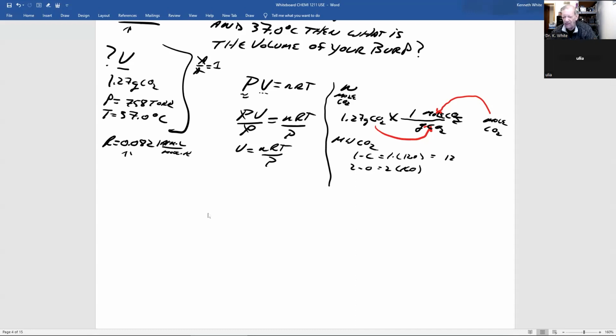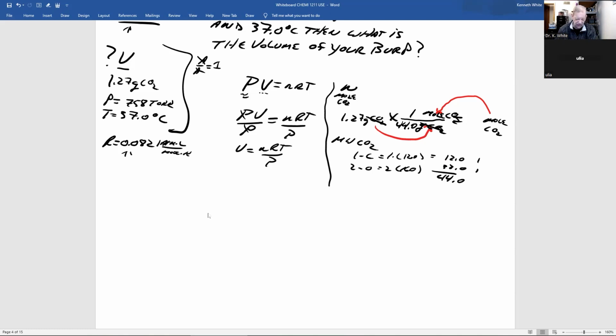And that's 12.0, 32.0, and we get 44.0. Since both of these have 1 significant figure to the right of the decimal, our answer is correct. And here we have 44.0. And now notice grams of CO2 divided by grams of CO2 cancel out.